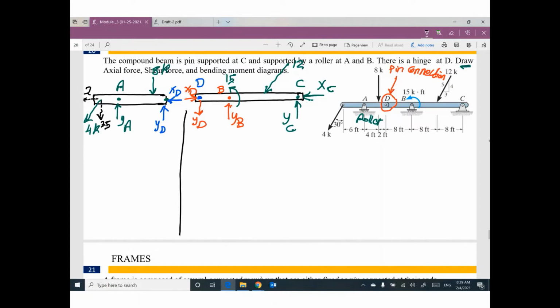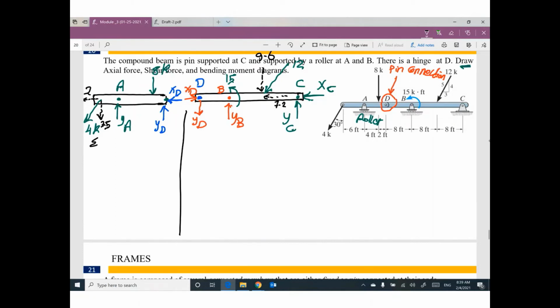What else? This inclined force, we will have two components, one horizontal and one vertical. The horizontal one will be 7.2 and the vertical one will be 9.6. We are good.